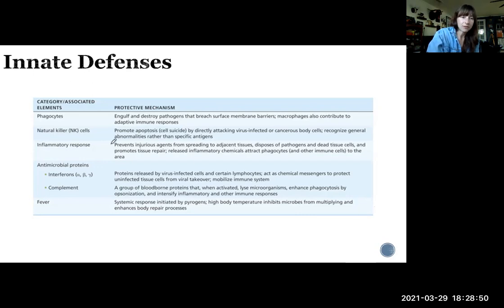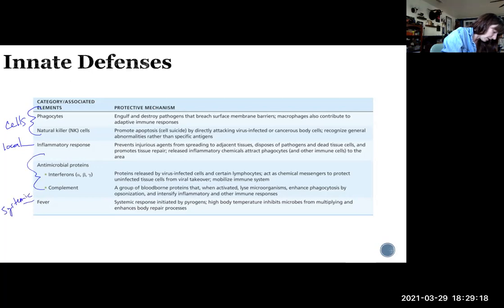So different types of cells, different types of proteins, and then fever, the systemic response of fever, and the localized response of inflammation. Cells are local, fever is systemic, and these guys are proteins.